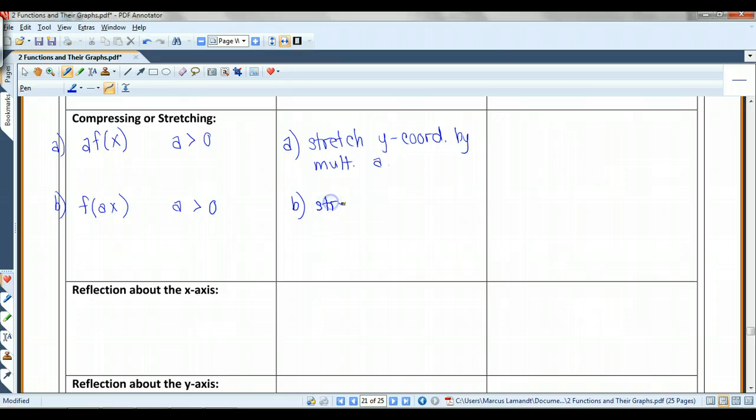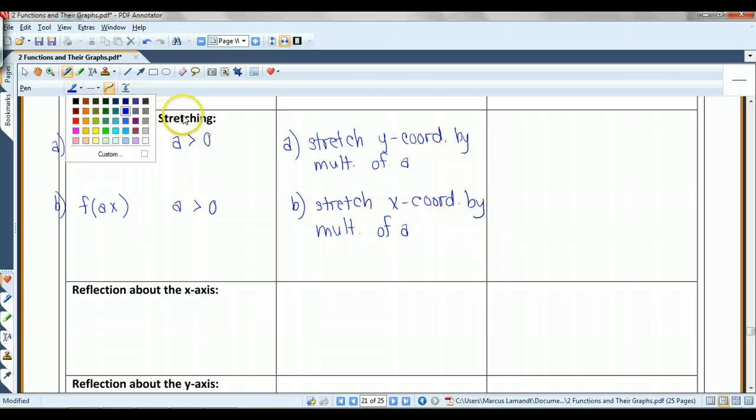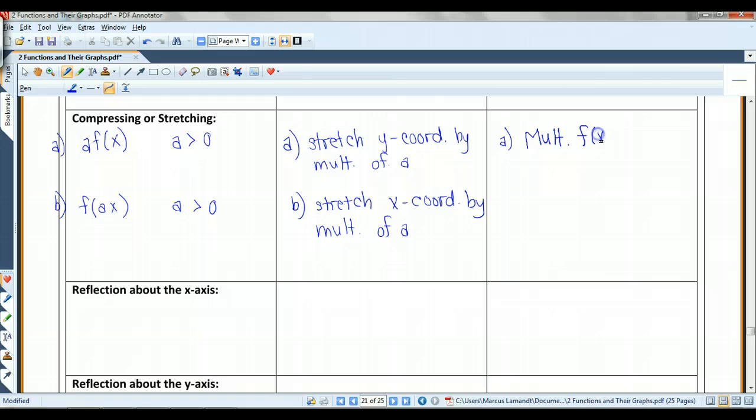And here you would stretch the x coordinate by a multiple of a. Okay. And once again, this is when you multiply f of x by a, and this is when you replace x with ax. Okay?